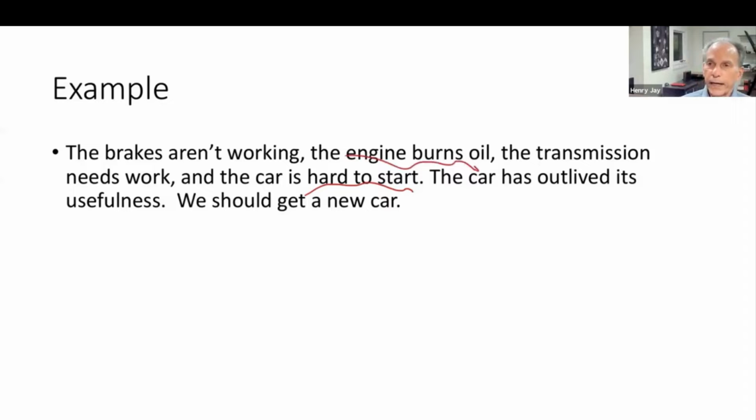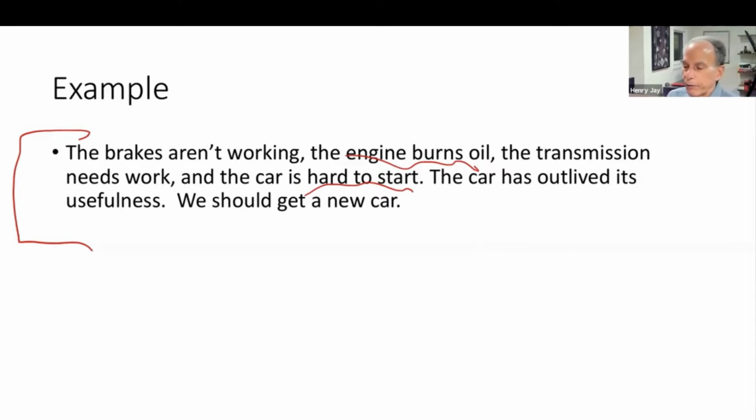Okay, that's a fact. However, what is the position that the author is taking in this whole paragraph? Is he trying to convince you that the engine burns oil? Now, it could be that in another statement, the author says, the engine burns oil, and let me give you the reasons for that.